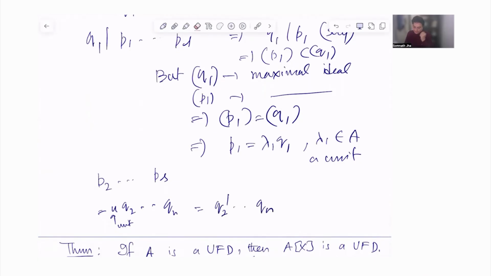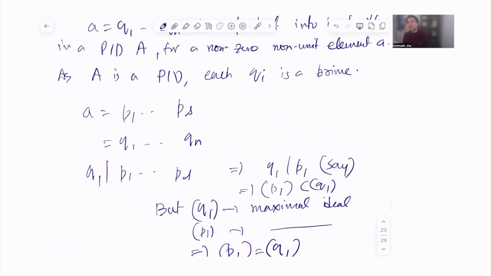So now by induction we are done. Next time I'll cancel Q2, and all of these will be cancelled, and the product of primes cannot be a unit. So by induction we'll get the uniqueness. So the product into primes is always unique.